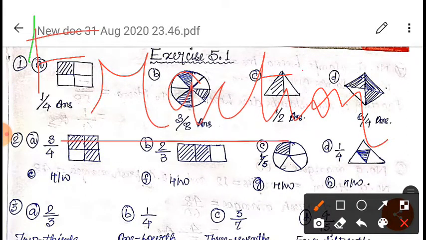So when we talk about the fraction, what is a fraction? Fraction is a part of a whole, and this whole may consist of a single object or a group or a collection of objects. I will give you a simple example which is also given in your book.